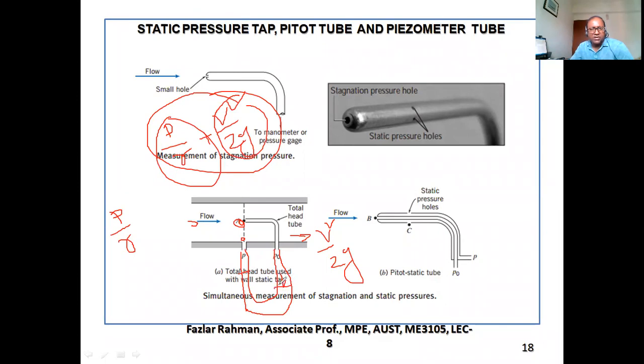This side will be higher pressure, this side will be lower pressure, and this manometric height will change. And from the deflection of the manometric height, that means the distance between right over here and right over here, this is h. From this deflection, you can measure the velocity of the flow, and also you can measure the stagnation pressure. Okay.